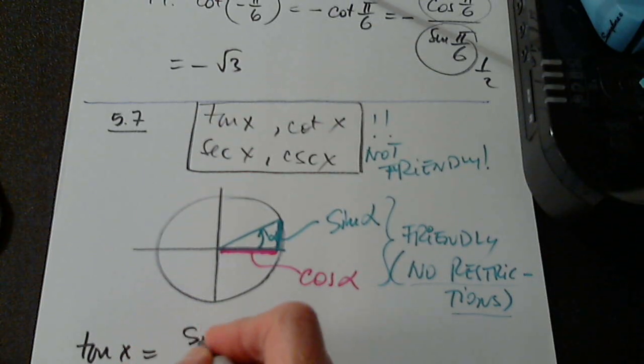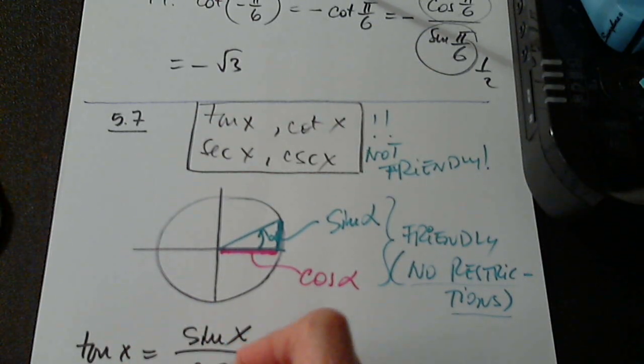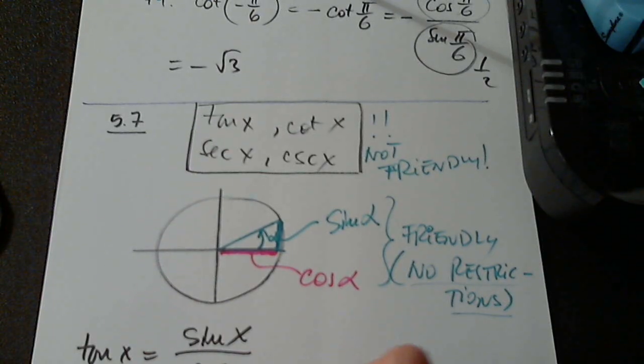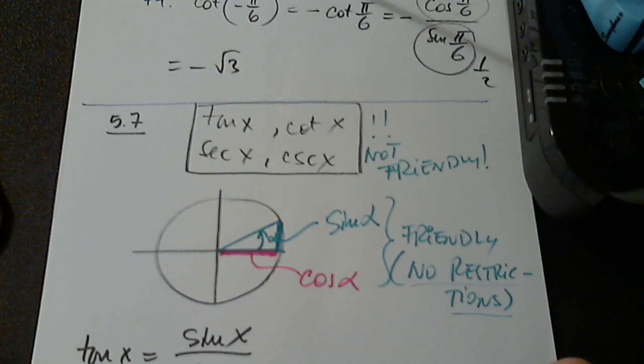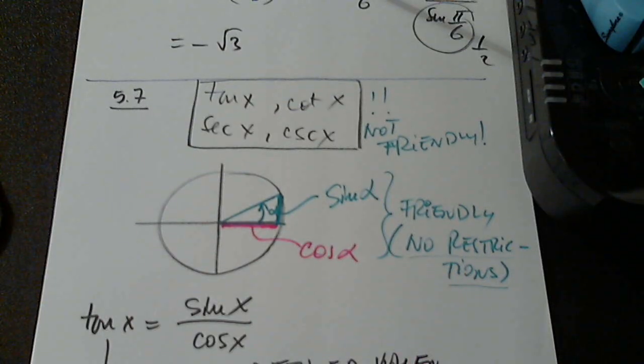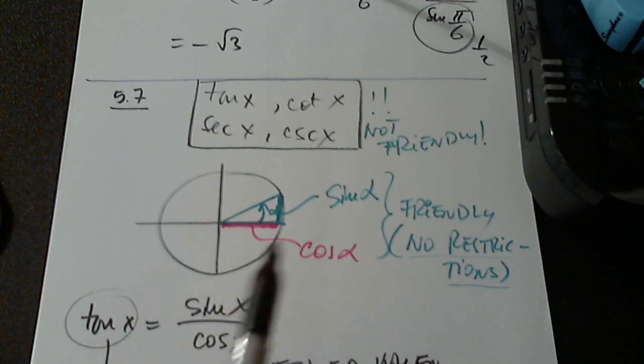Tangent x equals sine x over cosine x. When is tangent undefined? When cosine is 0. Absolutely. So that is a problem with tangent. Every time cosine is 0, tangent will have what?